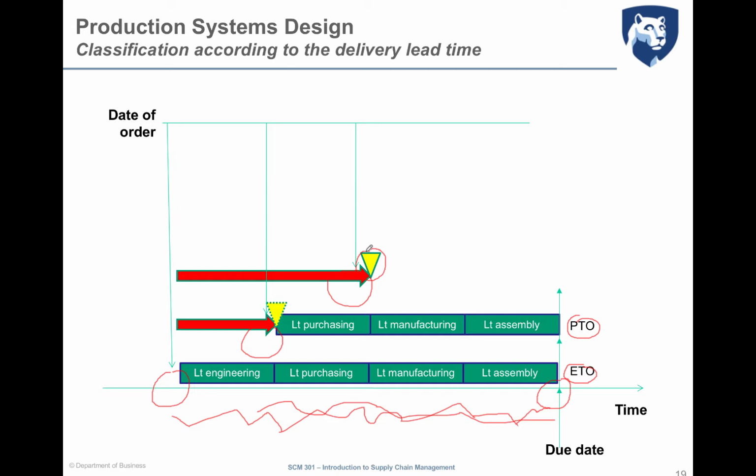Instead, actual production and actual assembly should be made after the order, so you can start keeping your production system active after you have received the order. These systems are named make to order, because they can wait to start making stuff after the customer order arrives.